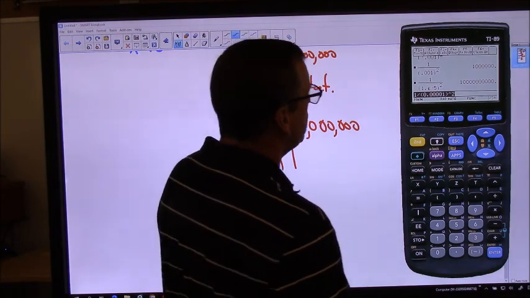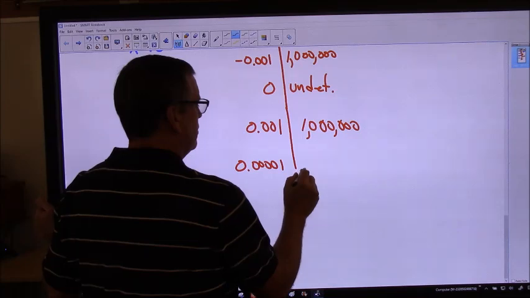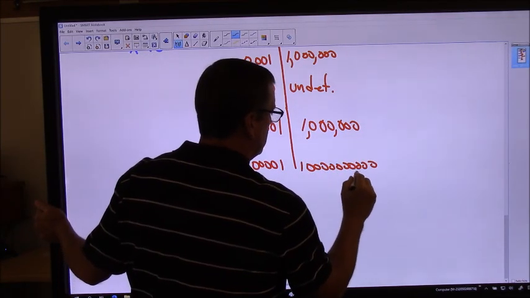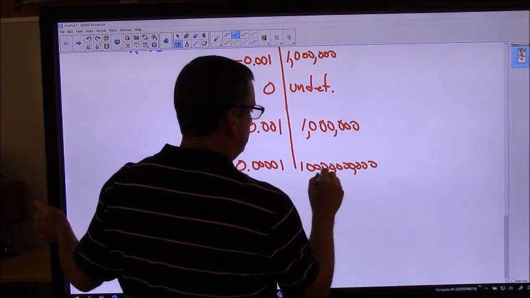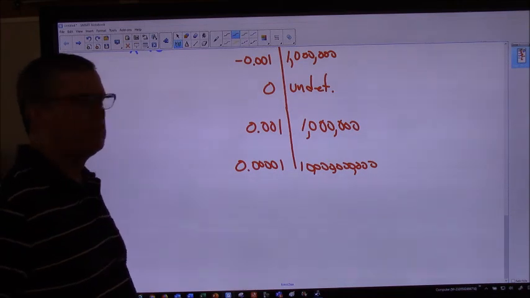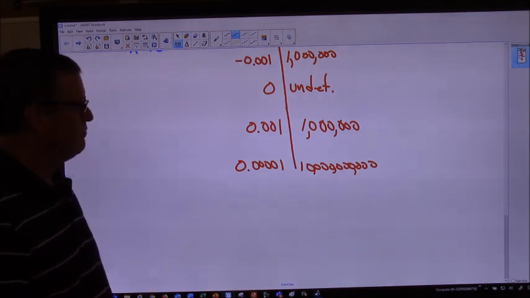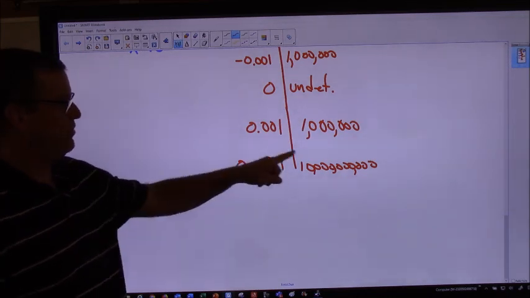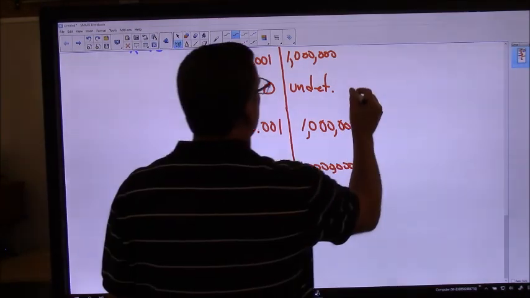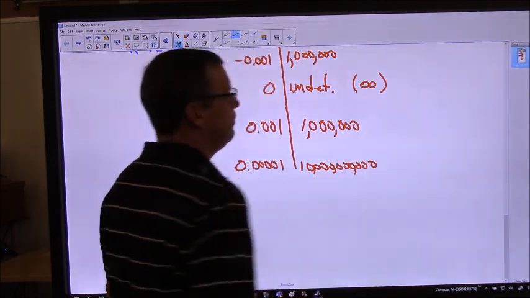How many zeros is that? 10 zeros, I think. So 10 billion. I think if I add more zeros, this is going to get even larger. So really, I think this is getting close to infinity.